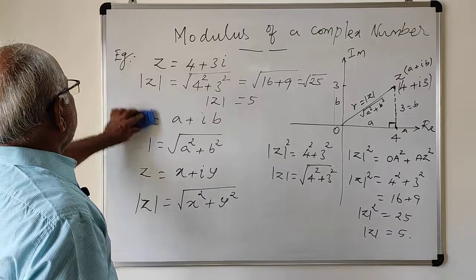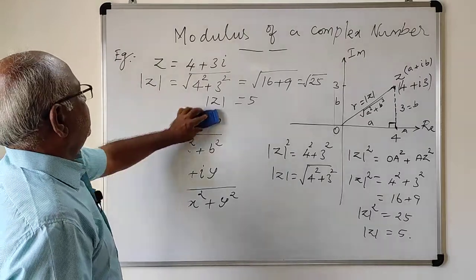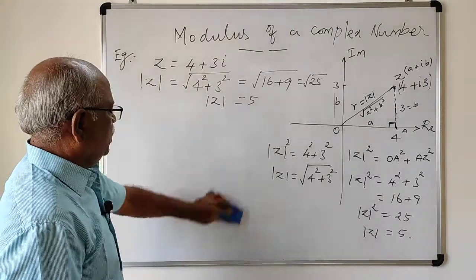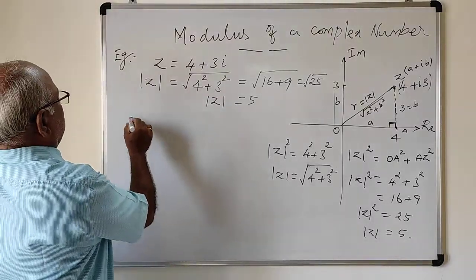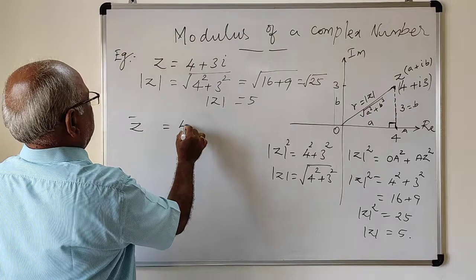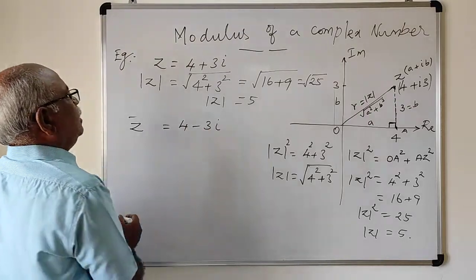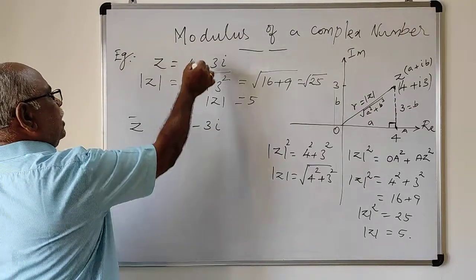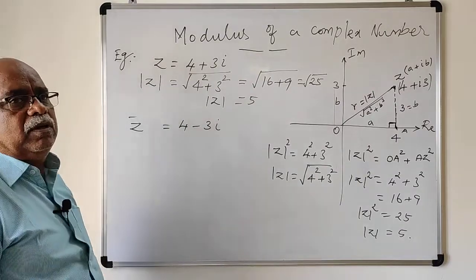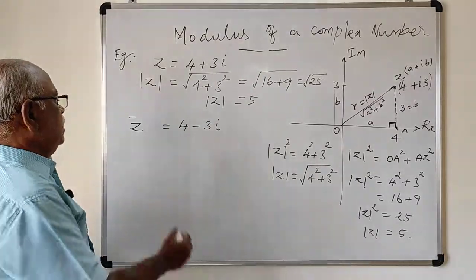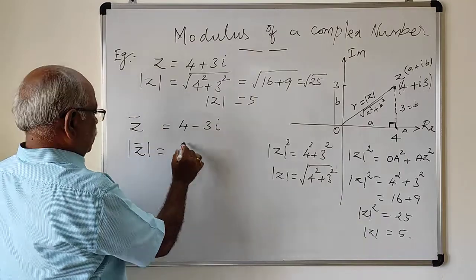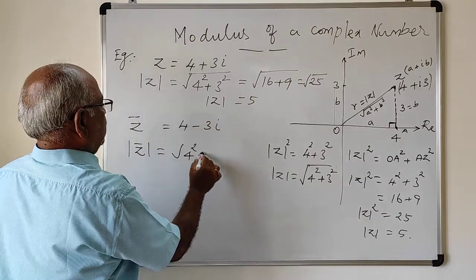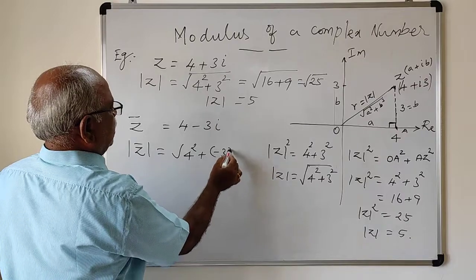What is the conjugate of that complex number Z, 4 plus 3i? The conjugate of Z, Z bar, is equal to 4 minus 3i. The sign of the imaginary part is changed for the conjugate of the complex number. Here mod of Z bar is root of 4 square plus minus 3 square.